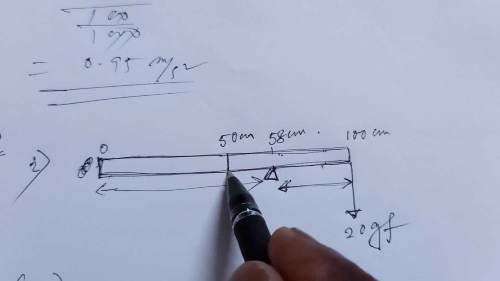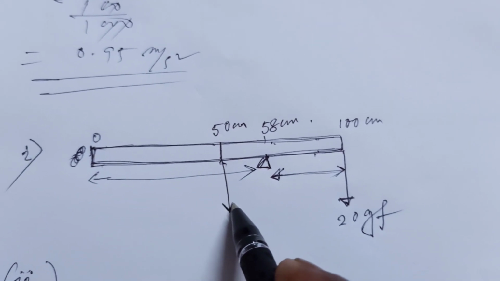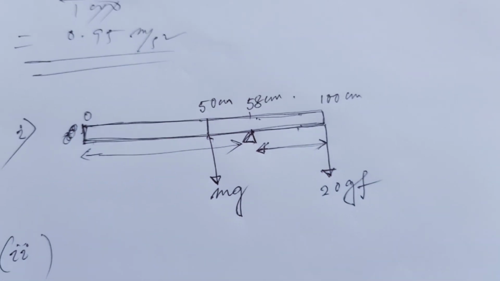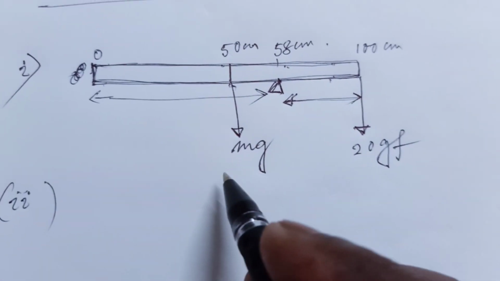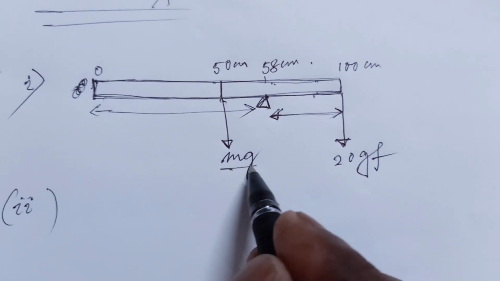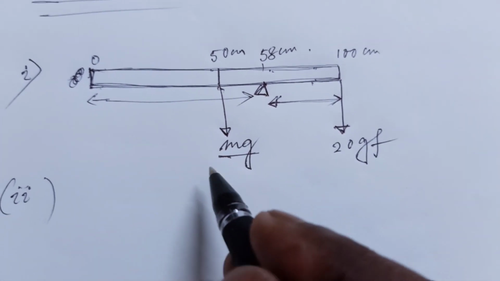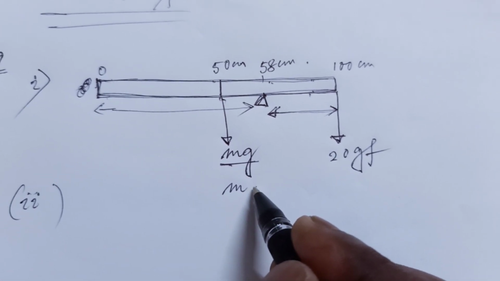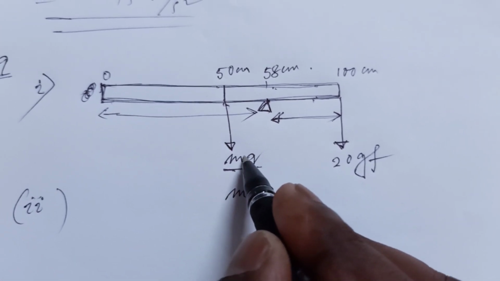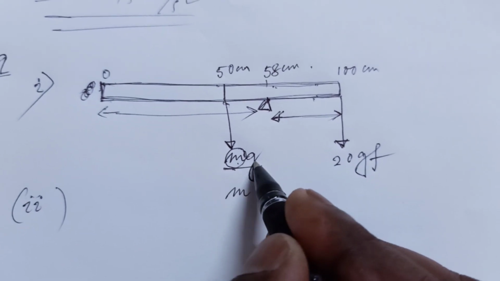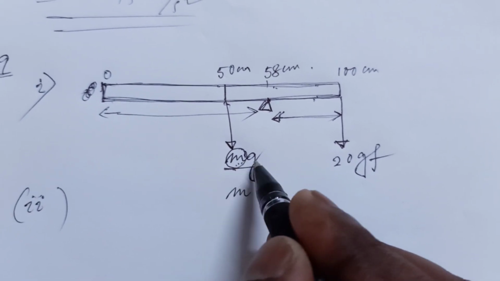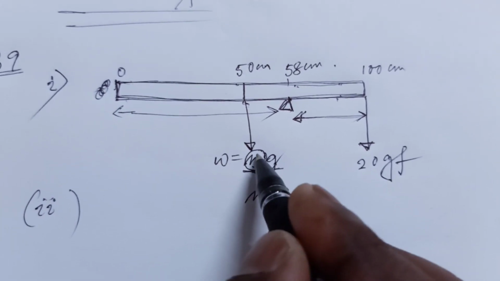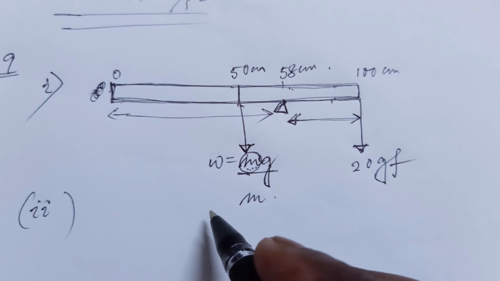So we know that here acts the weight of the meter rule. Weight means mg, or if we convert this into a gravitational unit, then we can write m gram. Mg is not equal to m gram; mg means weight. So weight acts along the center of gravity.